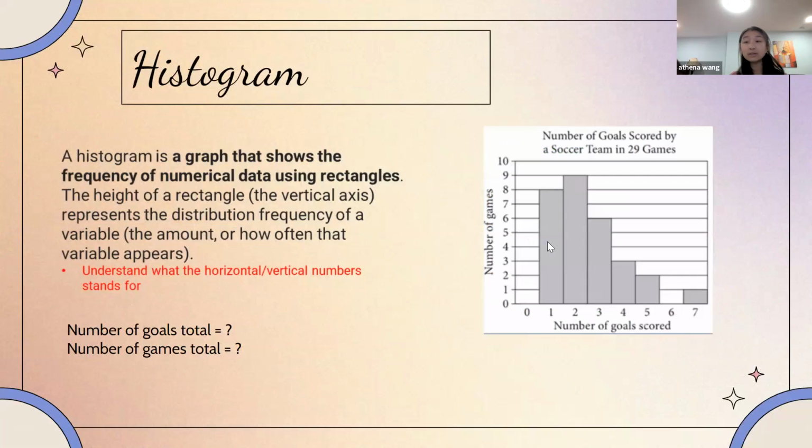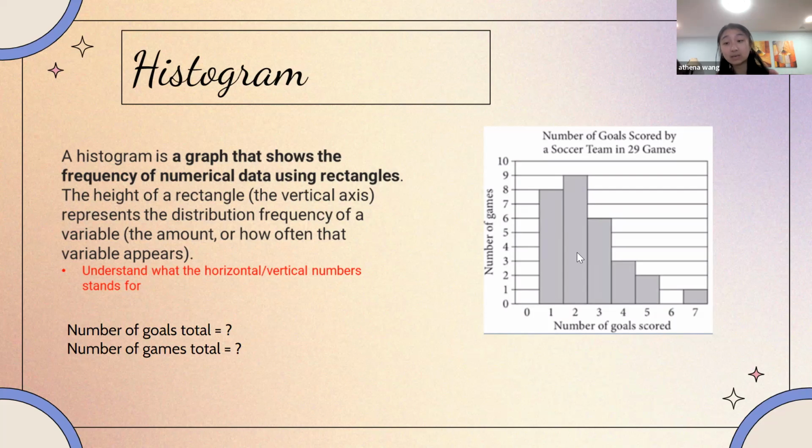Okay, so now we have a histogram. A histogram is basically what we kind of call a bar graph. It shows the frequency of numerical data using rectangles. So if we have the number of goals scored, we see that in 8 games, 1 goal was scored.